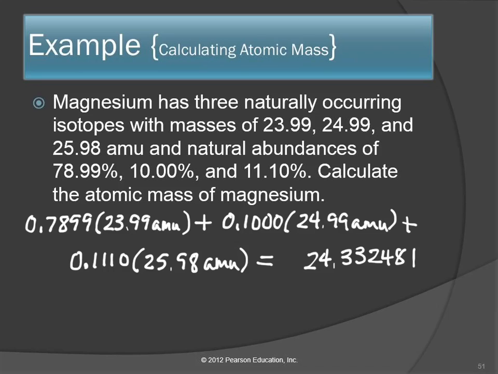In a situation like this, there's a kind of a shortcut for significant figures. These have 4 significant figures, and these have 4, and so we're just going to go with 4, and when you combine the rules, it works out just fine. So 24.33 atomic mass units is the average.